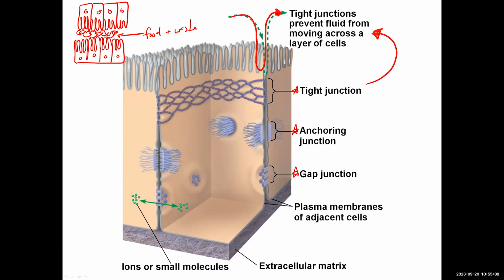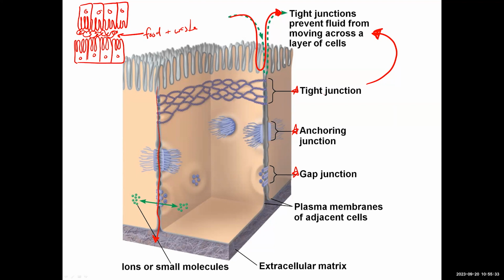This makes sure that undigested food and food waste stay outside of the body in the lumen of the intestines. Without the tight junction, this material would be able to seep between the cells and enter the fluid in the rest of the body. You really don't want that to happen. In fact, when it does happen, say if you have an injury to the bowel, it can cause sepsis.